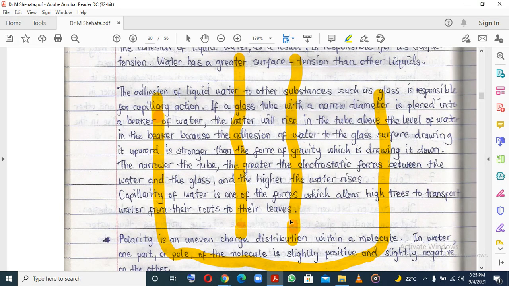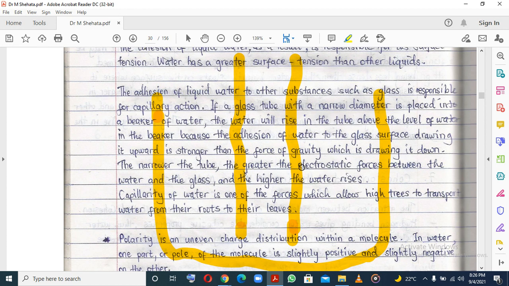Here there is water. Now, what's going to happen is that the water in the tube, okay, so if we've gotten a narrow tube, the one that I've drawn there, we place it in a beaker. So this beaker that I drew has got water in it, right? And then we get a glass tube with a narrow diameter, which is a glass tube with a diameter smaller than that of the beaker, right?